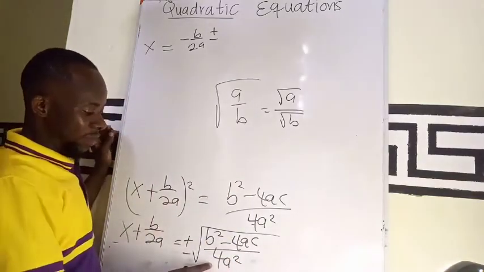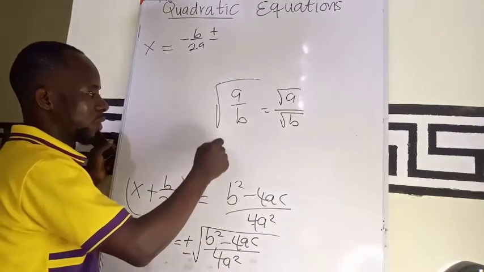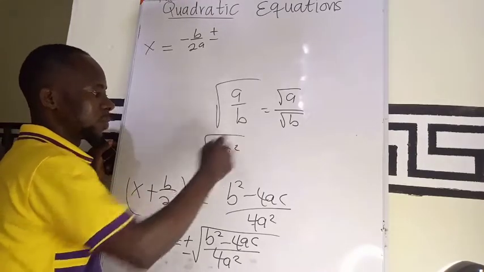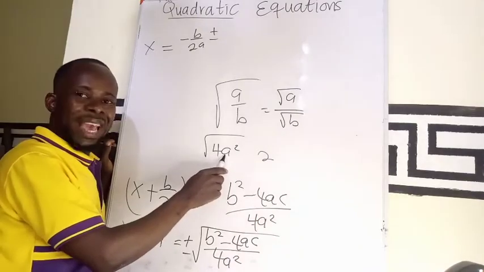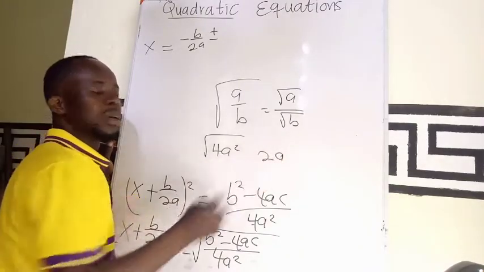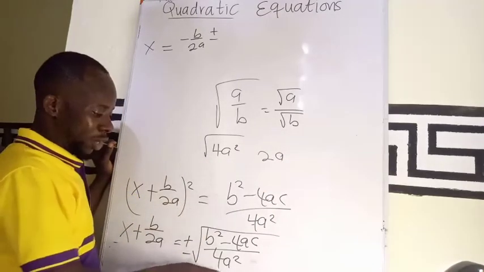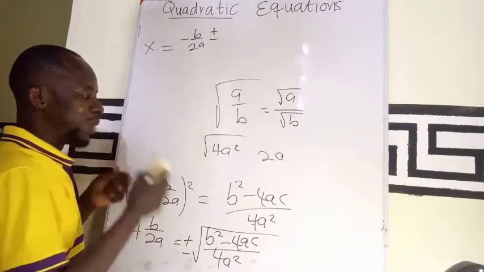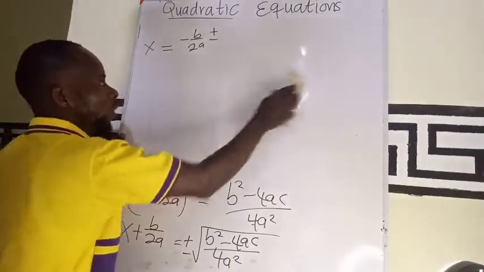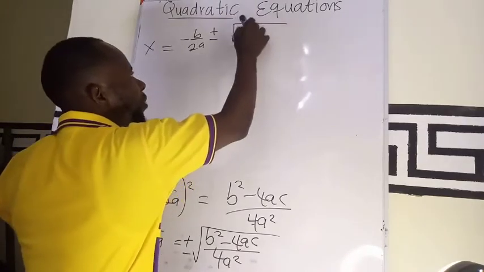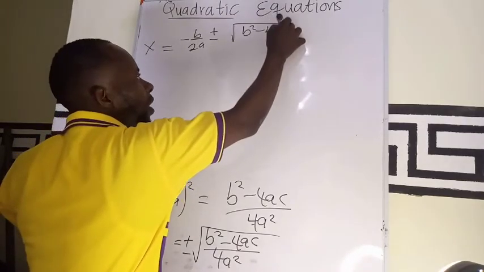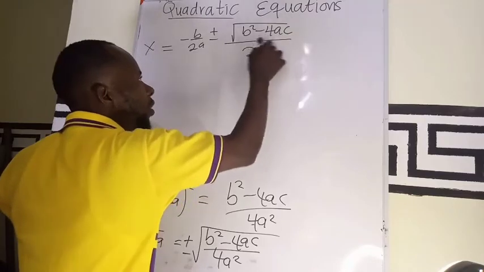So if I find the square root of 4a squared, the square root of 4 is 2. The square root of a squared will become a. So it means the denominator here is just going to be without the square root. So this is going to be the square root of (b squared minus 4ac) all over 2a.